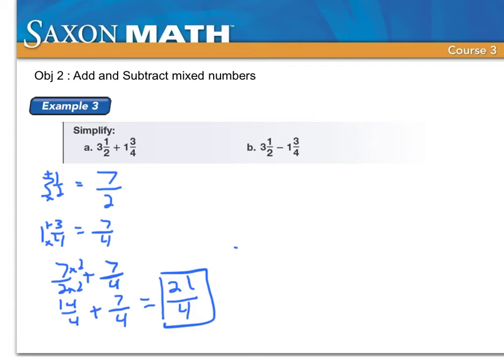Now, I haven't done this yet, but you could change these to mixed numbers. If this really bothers you, you can change it to a mixed number. The way we do that is by taking the top number divided by the bottom number. Okay, and 4 goes into 21 5 times. And then how this works is this right here is my big number.